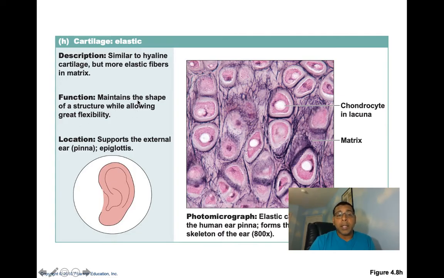As for location, it helps support the external ear, the pinna we can see here, and the epiglottis is also made up of elastic cartilage.